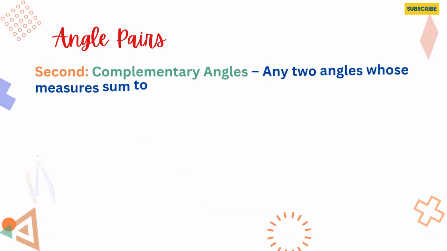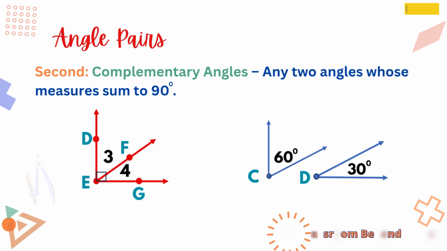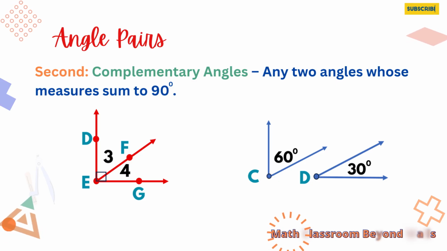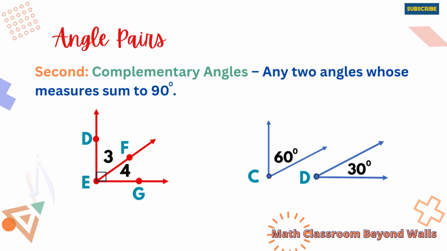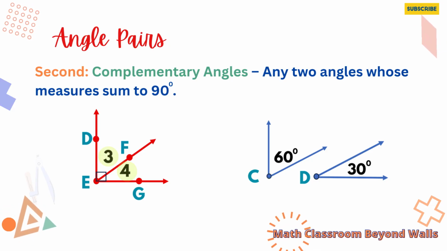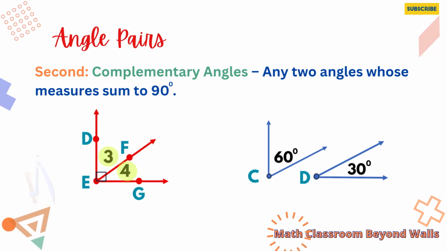Second, complementary angles. These are any 2 angles whose measures sum to 90 degrees. Look at the figure, learners. Angle 3 and angle 4 are complementary angles because the sum of the measures of their angles is 90 degrees.